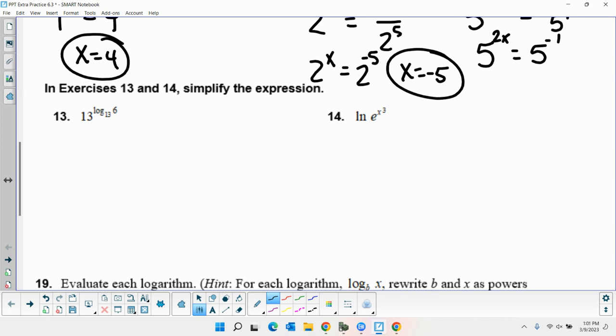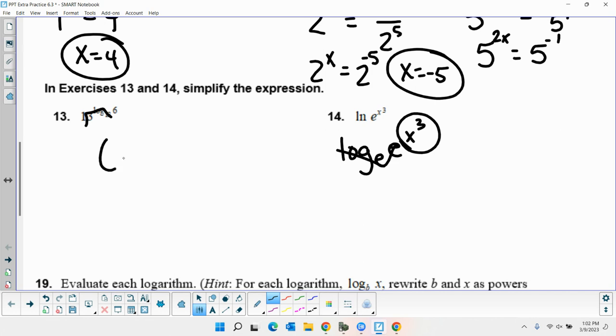These are really easy. What did we say ln was? What's the base for ln? Natural log. What's the base? E. Thank you. All right? So remember, this is the same as this. So what happens to those? Cancel. What's the answer? X cubed. What happens to these?